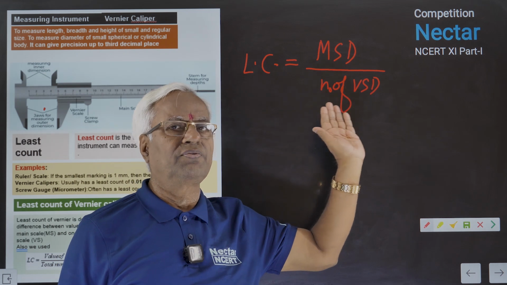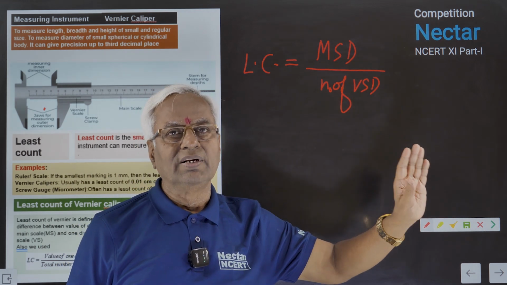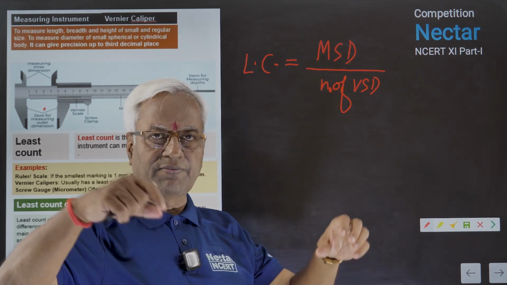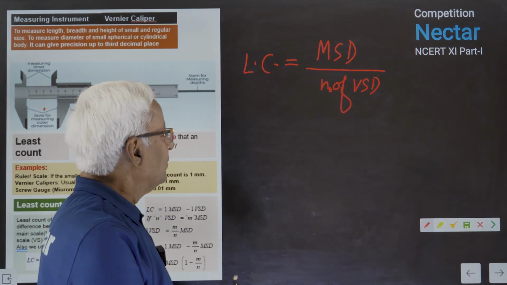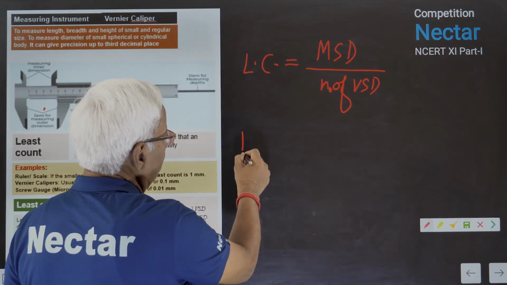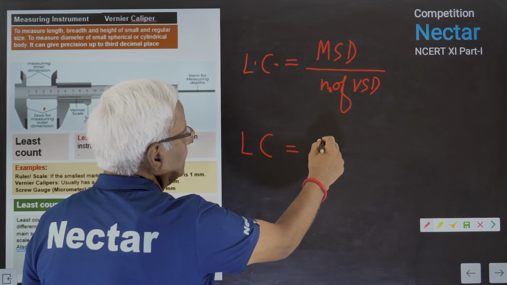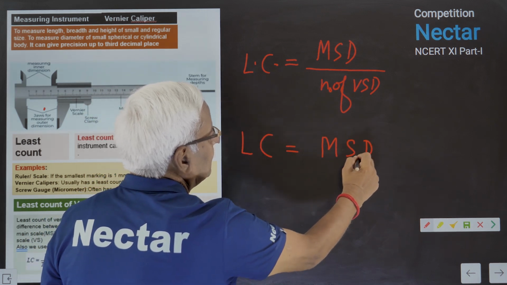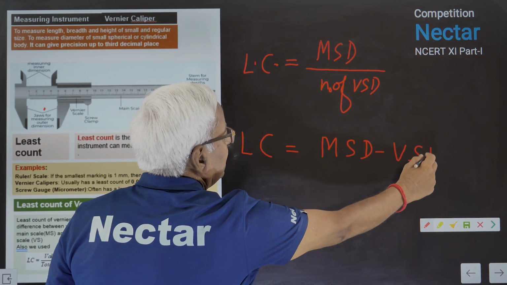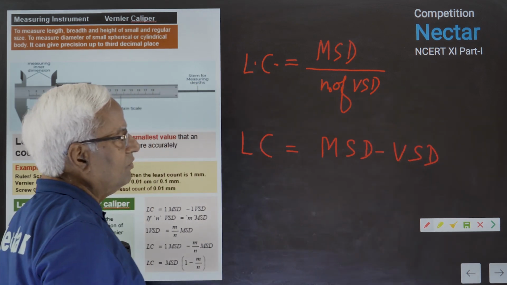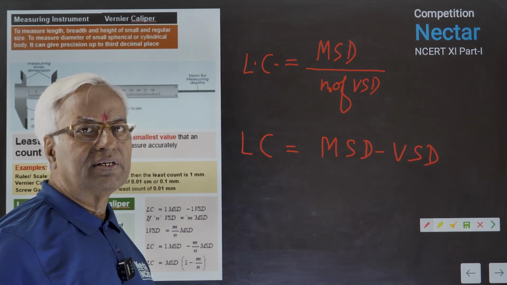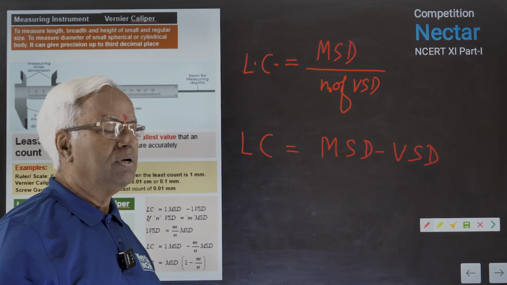This is one way of dealing with the problems of least count, depending on the set of values given in the question. There is one more relation for least count, that is MSD minus VSD. VSD stands for Vernier scale division.